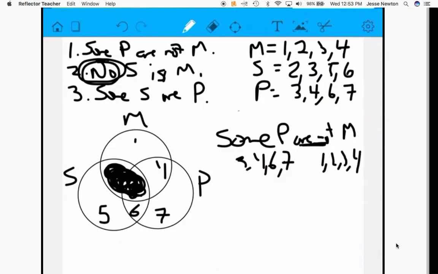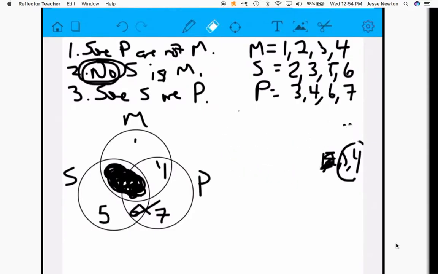So we look for the regions of overlap, 3 and 4, and 3 and 4. Scribble that out. And we're saying are not in 3 and 4. So that means they are in 6 and 7, which means we come down here and we place an X right on that line because we know that it can go in either one of those two regions.